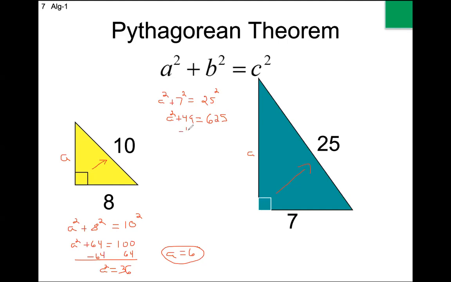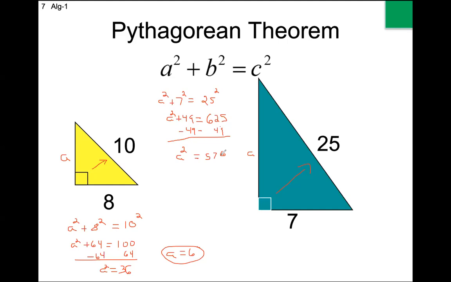We subtract 49 from both sides. Let's see, 9 from 15 is a 6, 4 from 11 is a 7. Oh, look, we got our friend 576. You remember this from the last problem? Sometimes you can get lucky like that, and you just get this perfect square that you realize is a really common one, right?